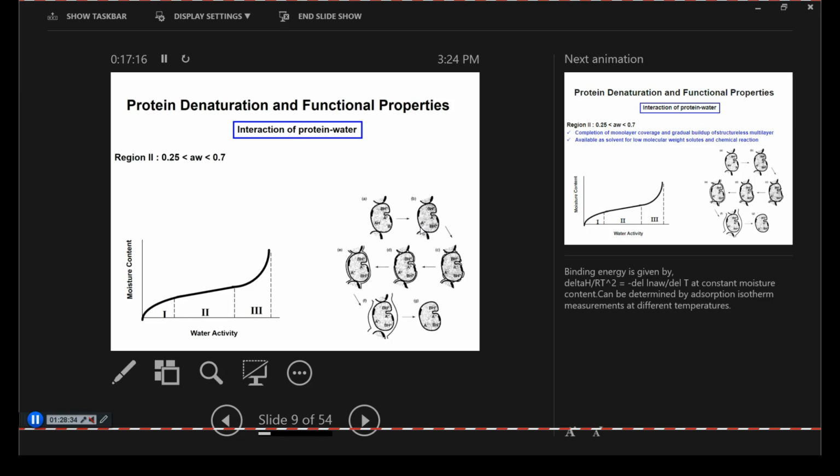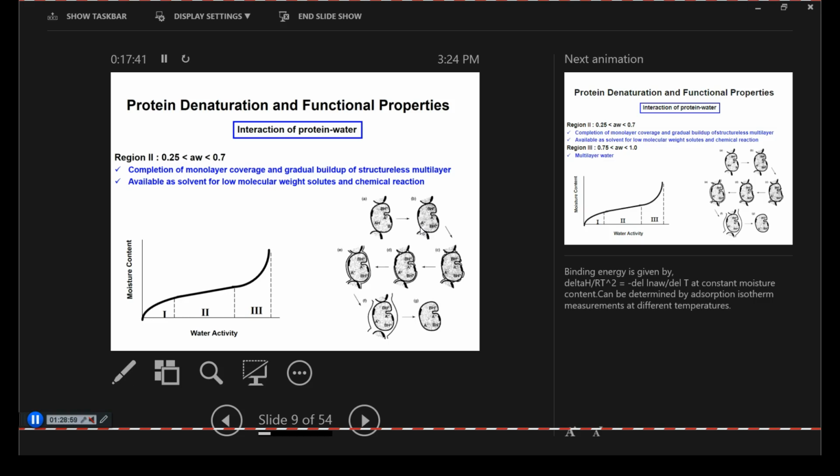The next region, which is 0.25 to 0.7, is where you start forming or completing the monolayer. The monolayer is the layer of water that is directly in contact with your protein in this case. And you start building up some moisture layers that are not very structured.